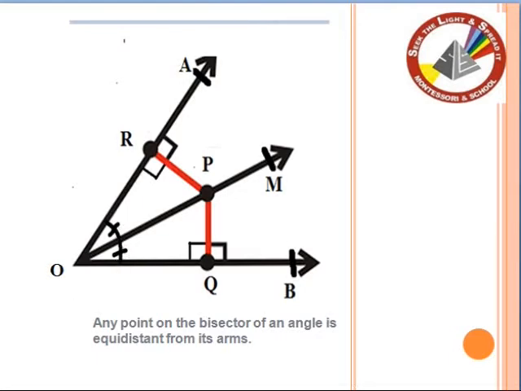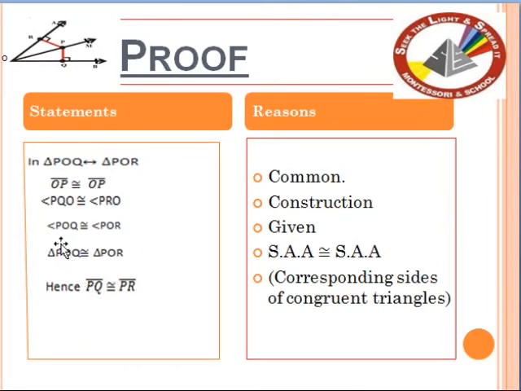We can also write in our proof that the angle formed at O by using these rays, angle POQ, is congruent to the angle POR. From where did we come to know this? We came to know this from the given of this theorem.